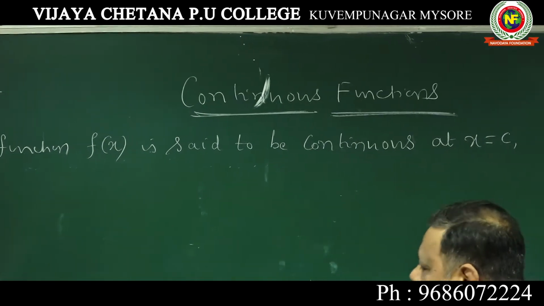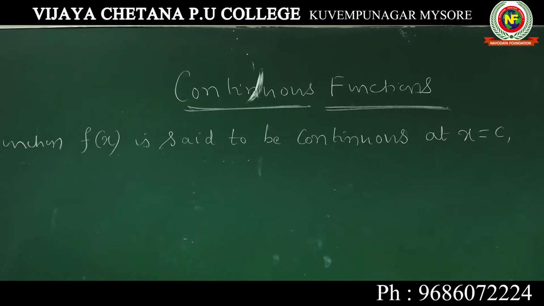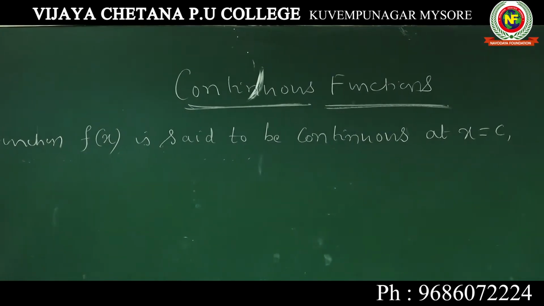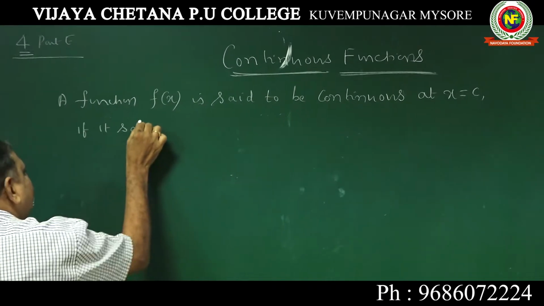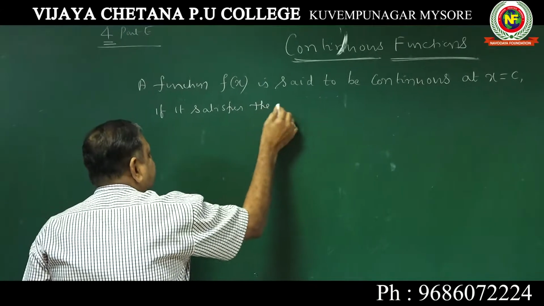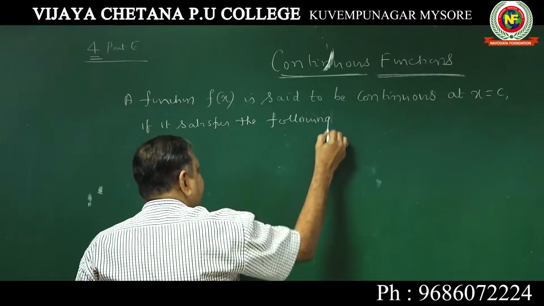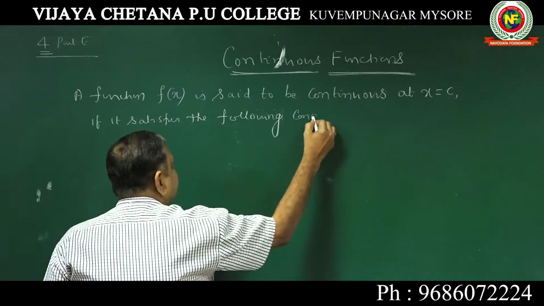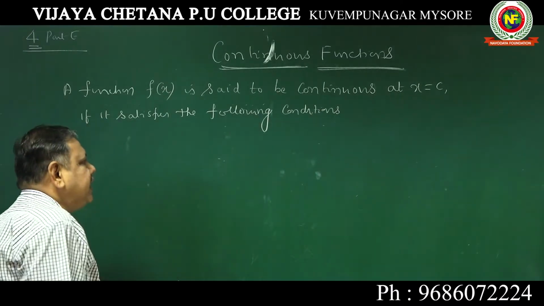At x equal to c, very important thing. A function f(x) is said to be continuous at x equal to c if it satisfies the following conditions. Very important. 3 conditions are there. If it satisfies the following conditions, then the function is said to be continuous at x equal to c.